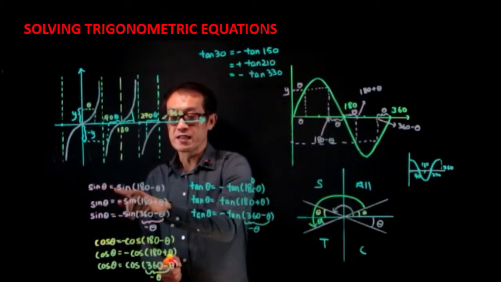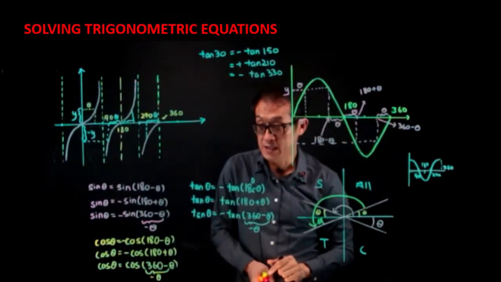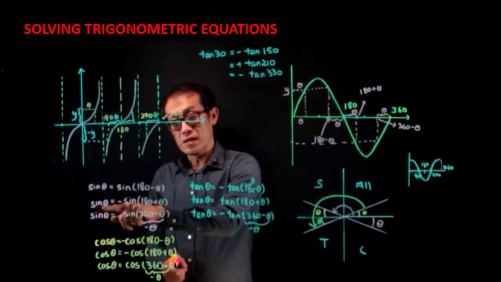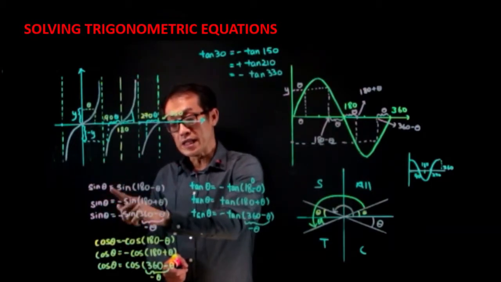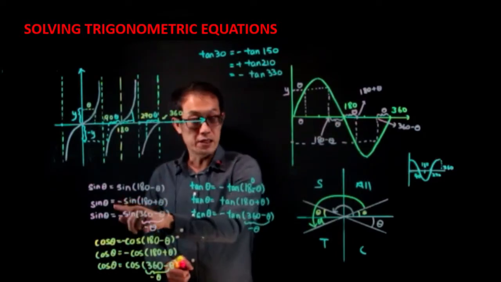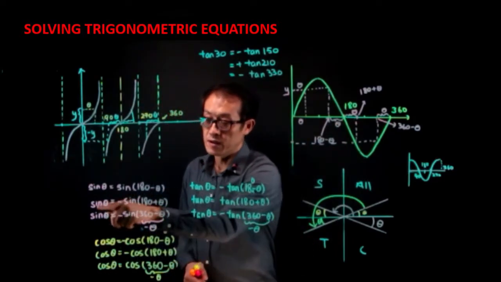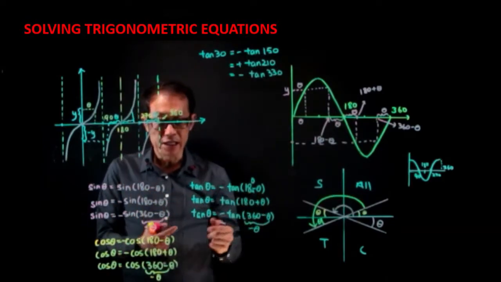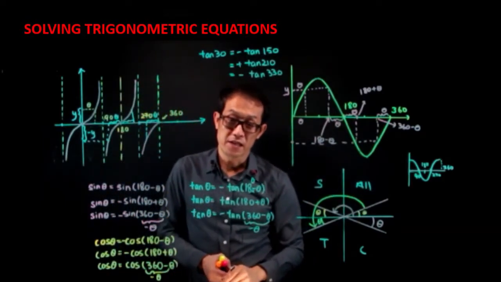So you'll find that sine theta equals sine 180 minus theta. If theta is in the first quadrant, this is in the third quadrant, where sine is negative. So sine theta is equal to minus sine 180 plus theta.